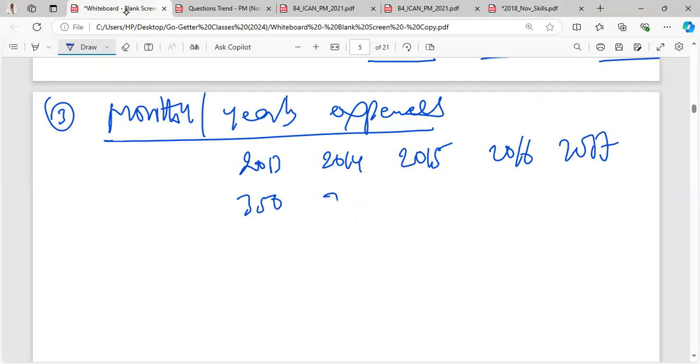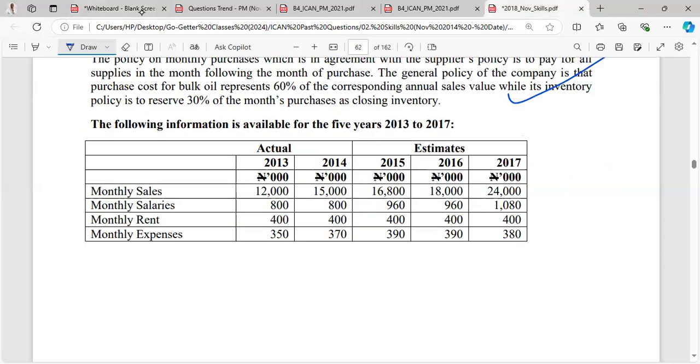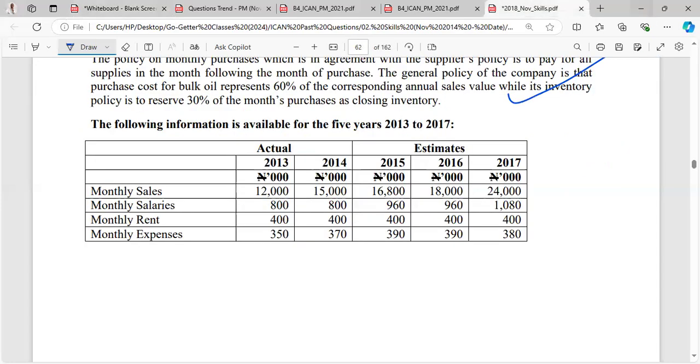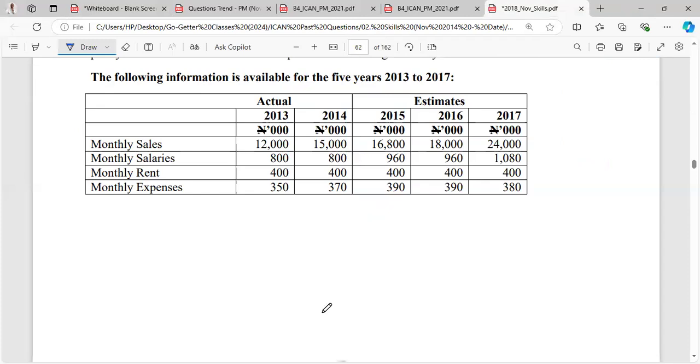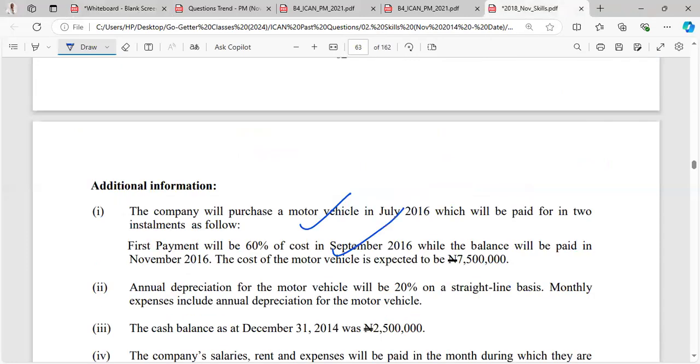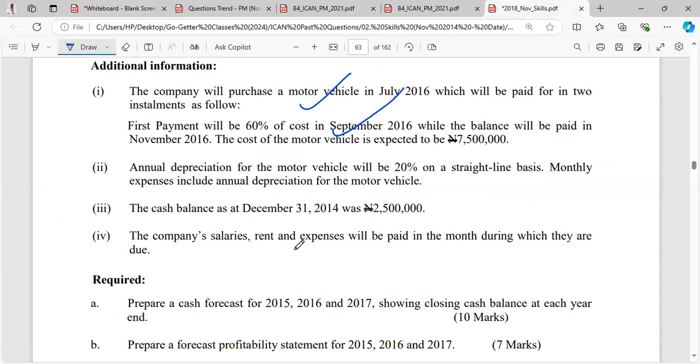So this is monthly expense. And we are told that the company salary, rent, and expenses will be paid in the month in which they are due.